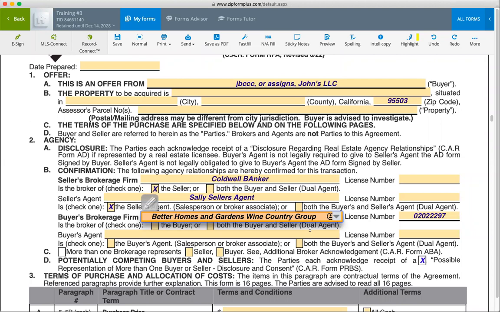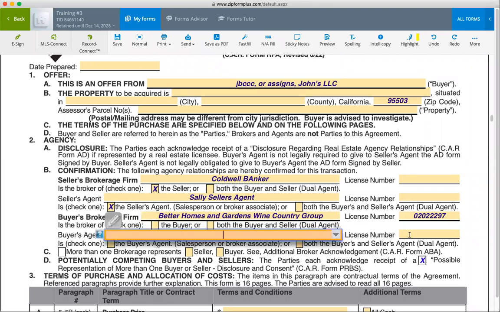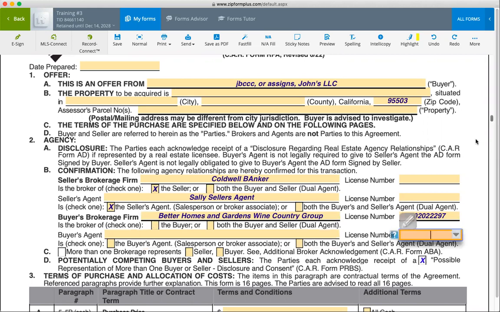You could use BHGRE Wine Country Group. Something close enough, but don't just put Wine Country Group and don't just put Ming Tree. Put the Better Homes and Gardens in front of it. And make sure you have the right license number and then your name and your license number. So this confirms you are representing the buyer only.